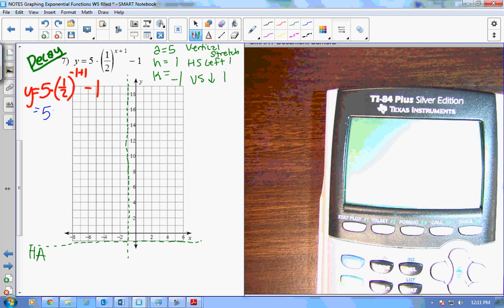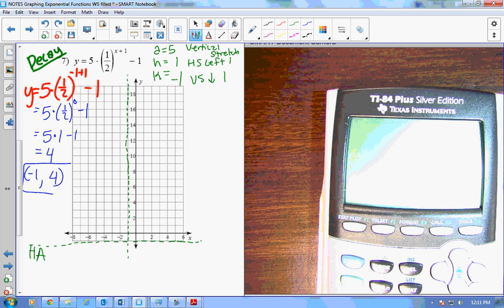And we get 5 times 1/2 to the 0, which is why we choose this one, because anything to the 0 power except for 0 itself is 1. 5 times 1 minus 1, which is just 4. So we plugged in -1 and got 4. Notice (-1, 4) is on my green dotted axis because I shifted it over. And we just need some points and we're done. Plot the points and you're done.